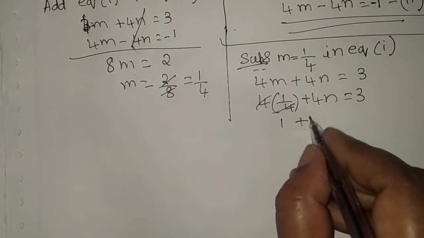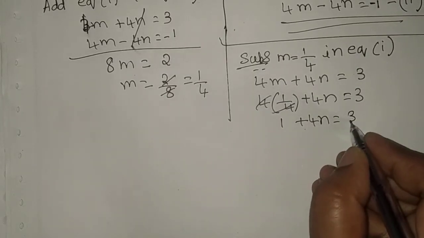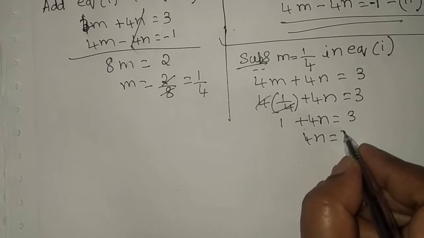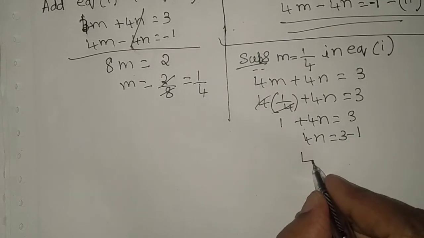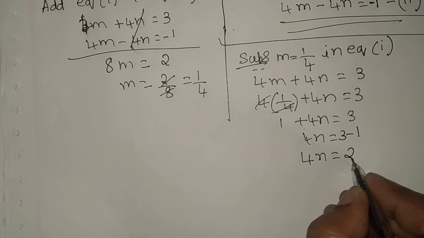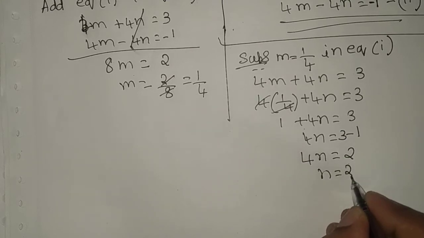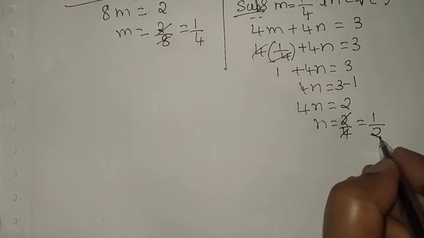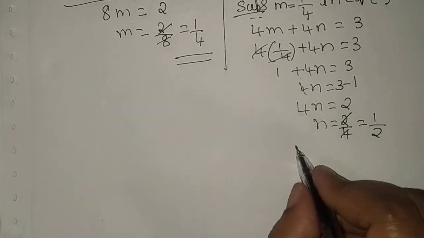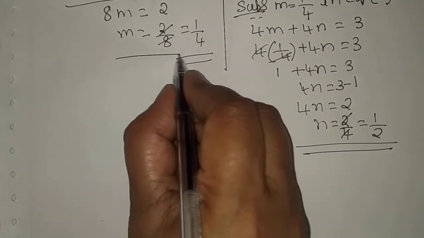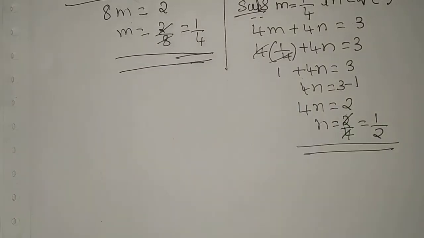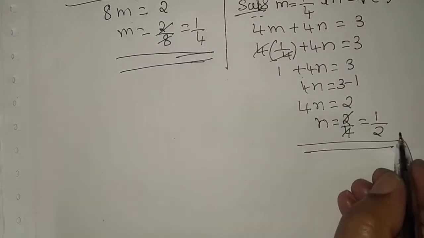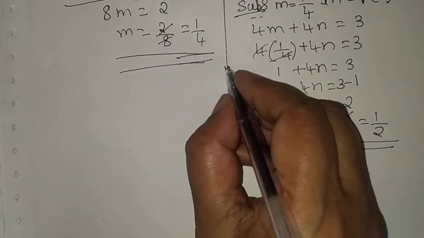Therefore 1 plus 4n is equal to 3. 4n is equal to 3 minus 1. Therefore 4n is equal to 2. N is equal to 2 by 4. Therefore we get 1 by 2. So m is equal to 1 by 4 and n is equal to 1 by 2 we are getting.